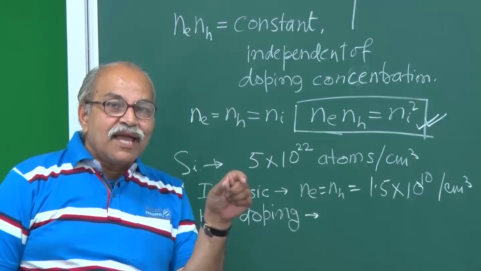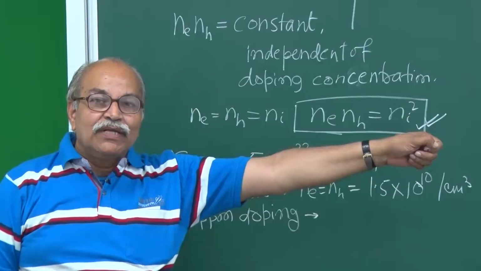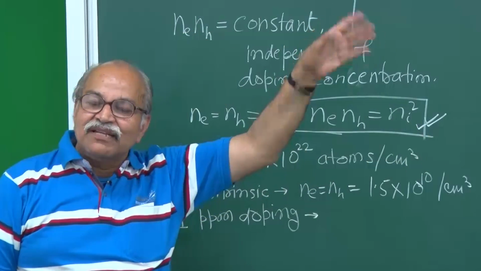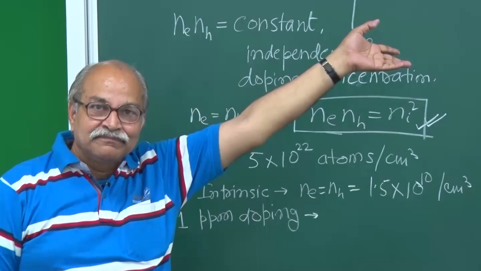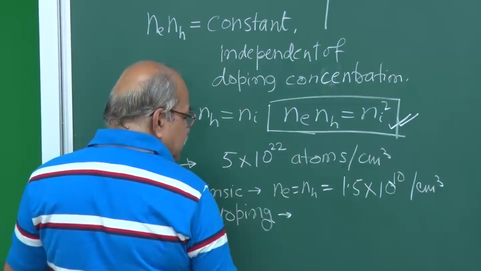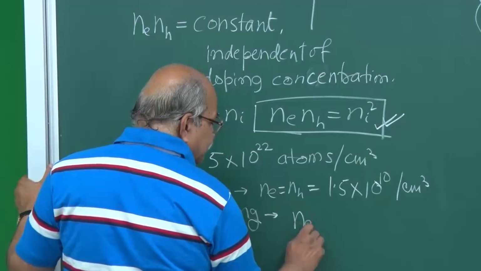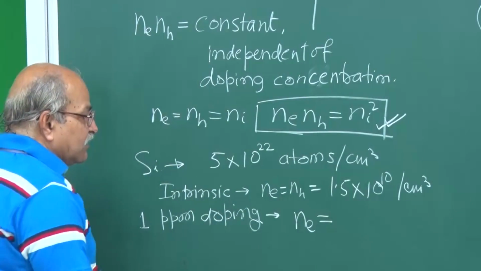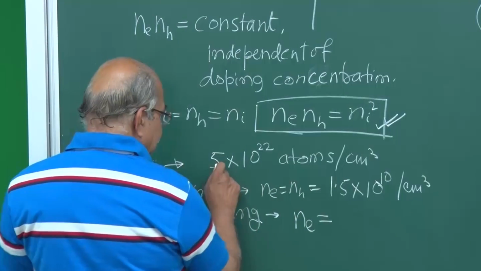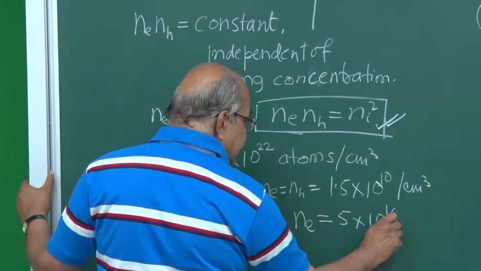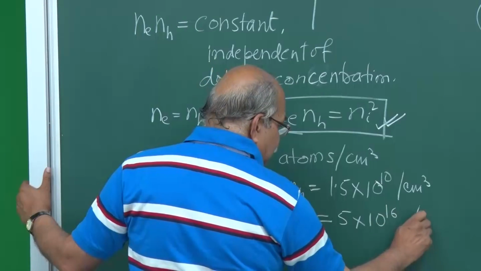dopant atom gives you one extra electron in the impurity level and then in the conduction level. So the number of extra electrons that you have put in is 1 per 10 to the power 6, and so that will be 5 into 10 to the power 16 per centimeter cube.